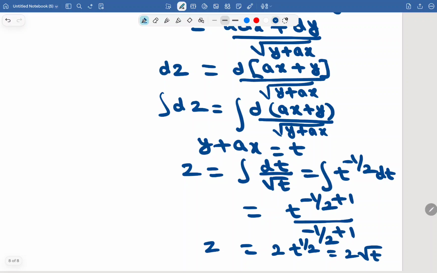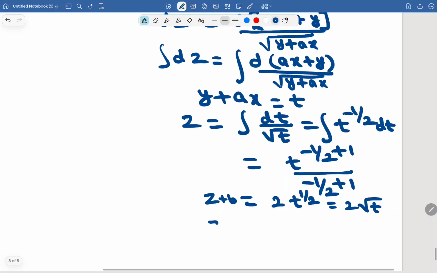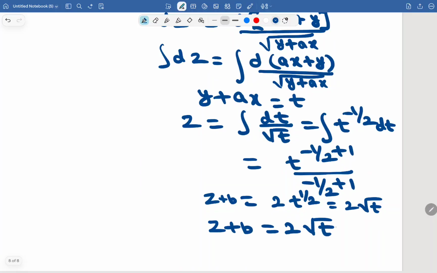Since we have to add a constant of integration, I am writing z as z plus b. This b is the constant of integration. Z plus b is 2 times root t.